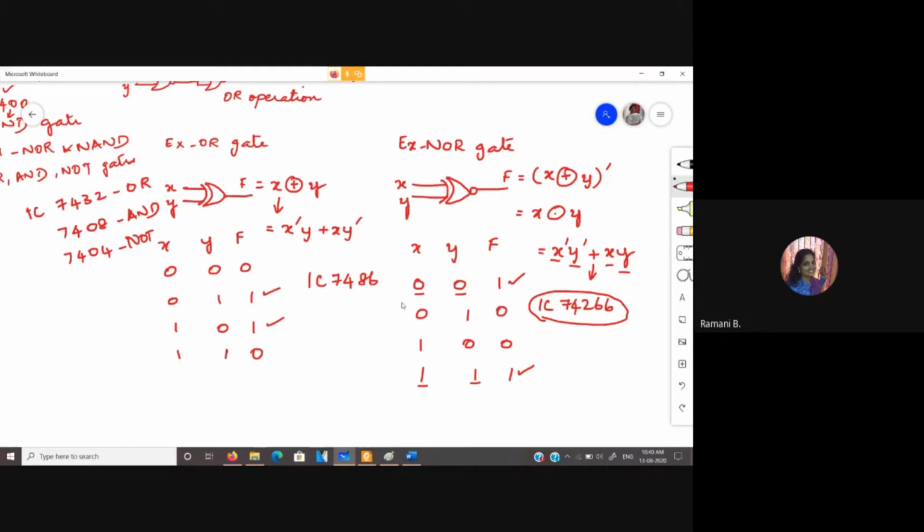Then NAND gate, we have 7400. NOR gate, we have 7402. And XOR gate, we have 7486. These are the most commonly used.